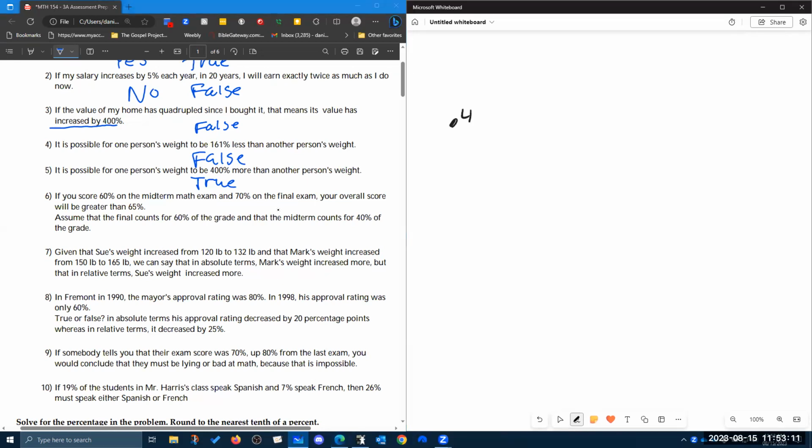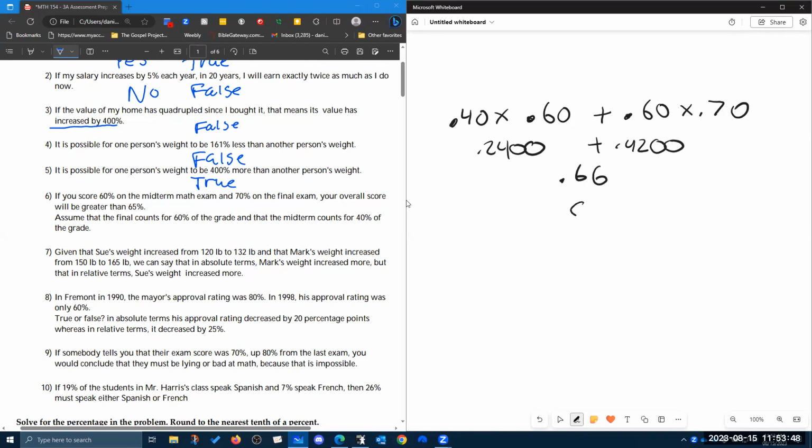So 40% of this grade of 60% plus 60% of this grade of 70% is, and that is 66%. So your grade will be greater than 65%. That's true.